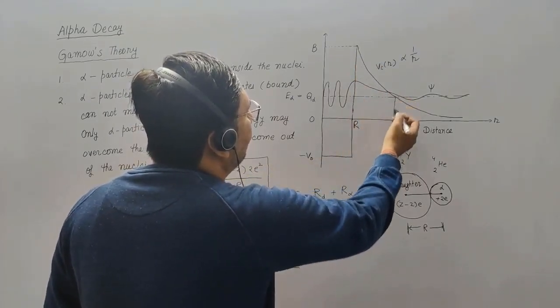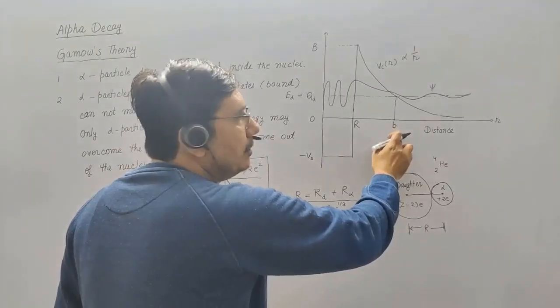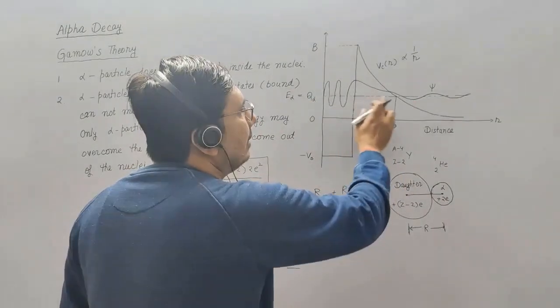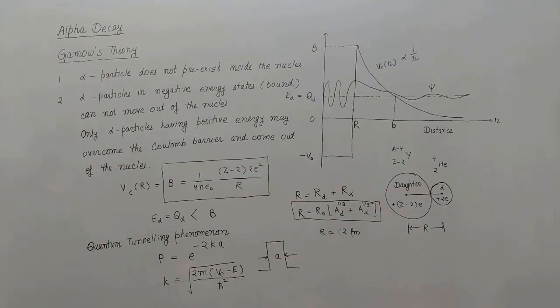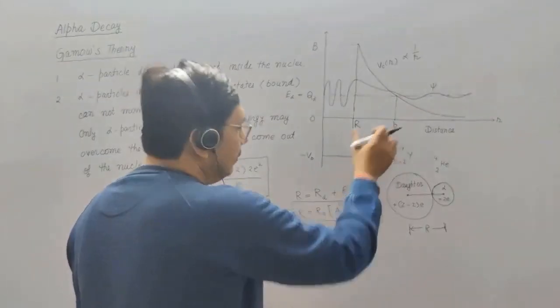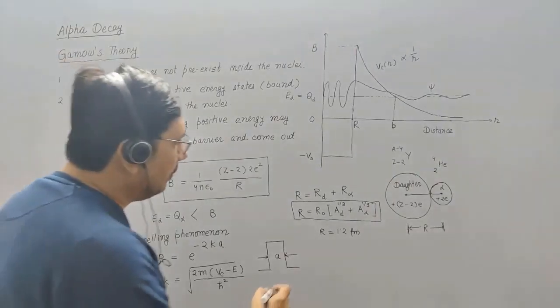Here, at this distance, when R becomes B, at R equal to B, the energy of the alpha particle becomes exactly equal to the barrier potential. So, what is the width of the barrier in our case?